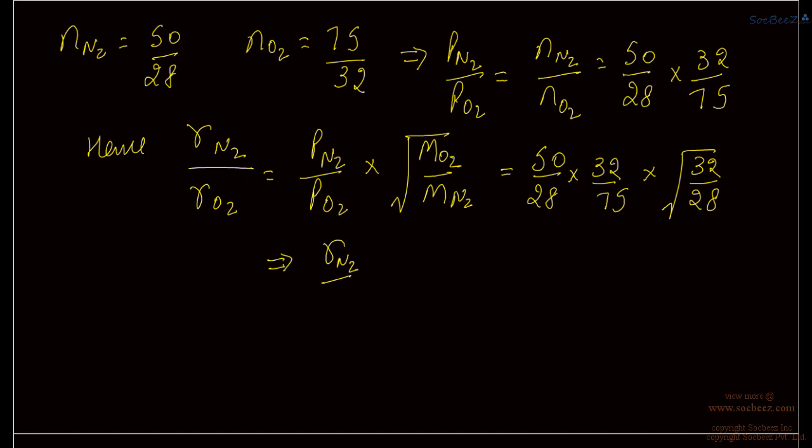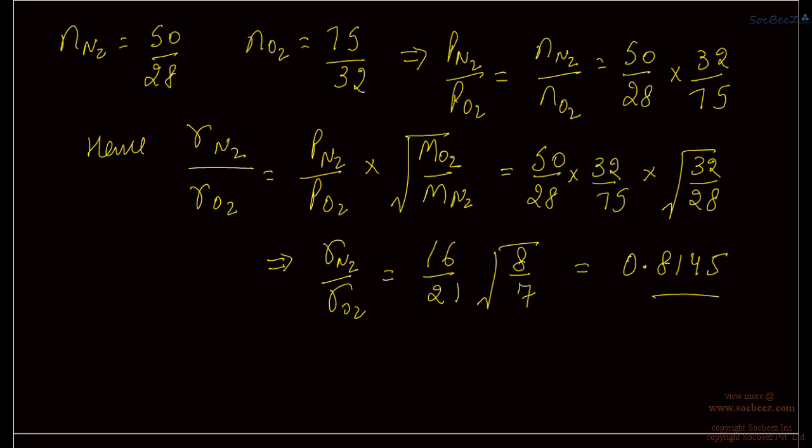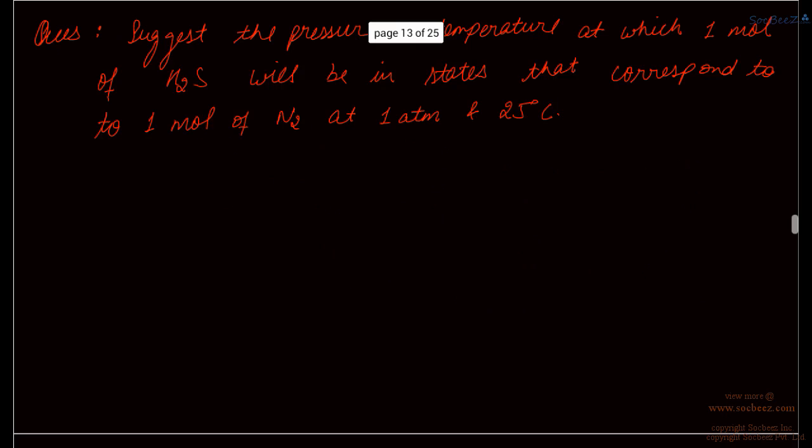So rate of N2 upon rate of O2 equals 16 upon 21 into under root 8 upon 7, or if we simplify it, we get the value as 0.8145. So this is the ratio of rates of effusion of nitrogen to that of oxygen. Now coming to another question.